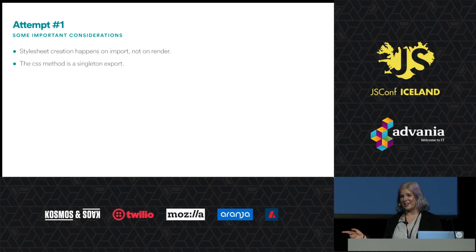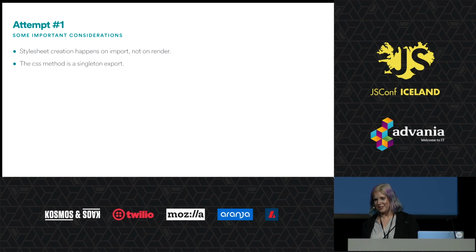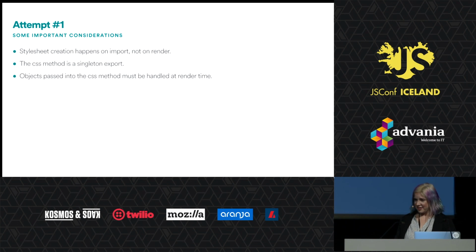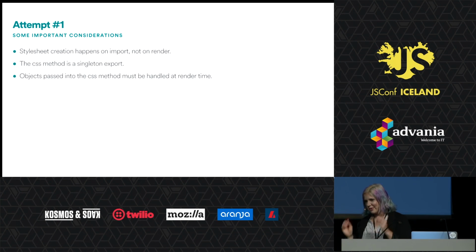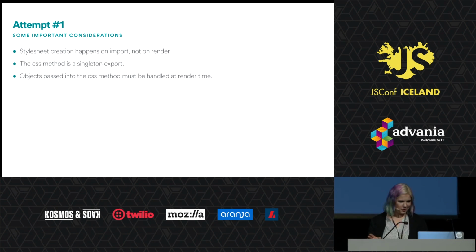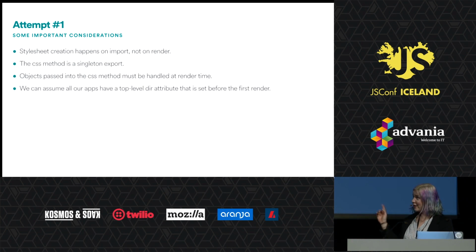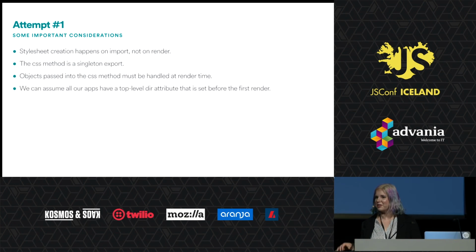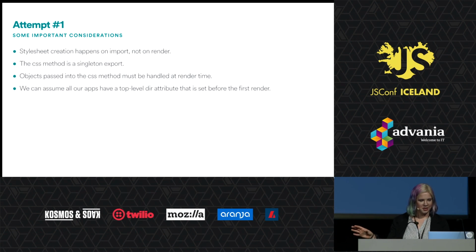The CSS method is a singleton global export. It's not passed down through the props, which means it also doesn't have any access to React context. Objects passed into the CSS method are handled at render time, not on import. That's important. We can, however, assume that all of our apps have a top-level dir attribute set. So we do have that available to us.